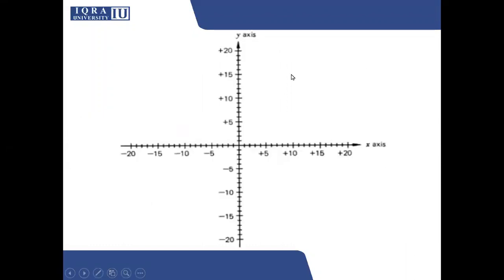What you see before you, students, you may have called it a graph all your life, some people may have called it axis or whatever, but this is basically a Cartesian plane. And a coordinate system based on a Cartesian plane is called the rectangular coordinate system.